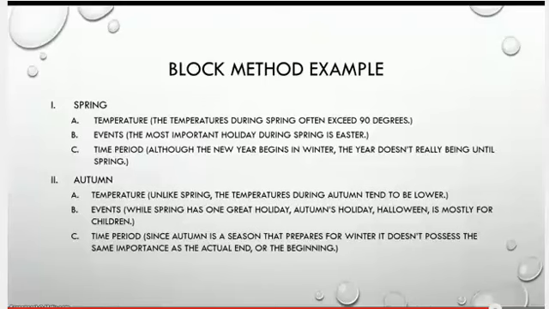Right? So notice that in block method, you have all your points in a single block, and you're talking about a single thing that you're comparing or contrasting. Right? So we have spring, all its points, and then autumn and all of its points. And that is the difference between the point-by-point method and the block method.